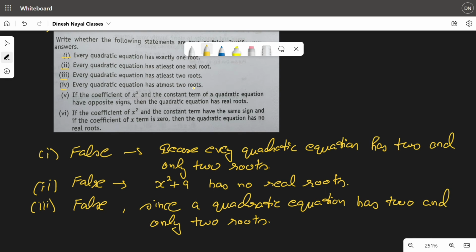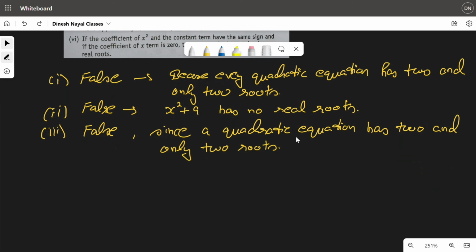Now the fourth part is true, because every quadratic polynomial has at most two roots. That's correct. So writing the fourth part as true.